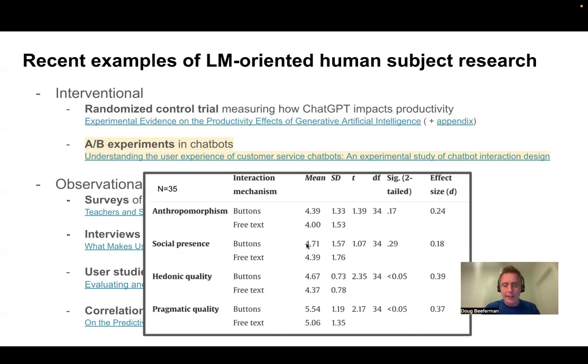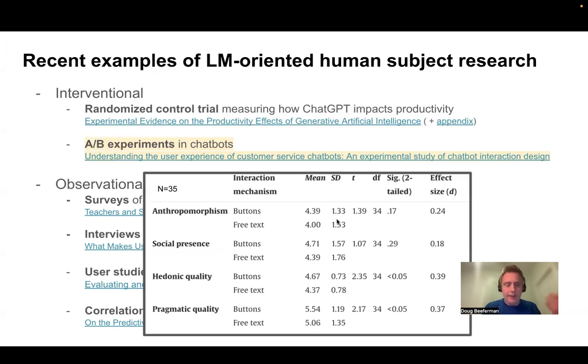And so one of its findings was that if you give people buttons to reply, instead of making them type free text for every response to the chatbot, it improves how pleasant the app is to use, the so-called hedonic quality, and how useful they found it, without having a significant impact on how much they anthropomorphized the application. So that's an example of a randomized controlled trial embedded in a running application.